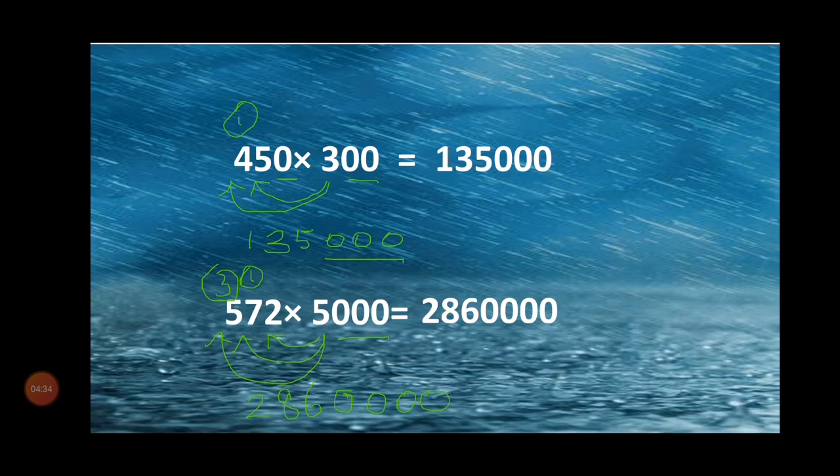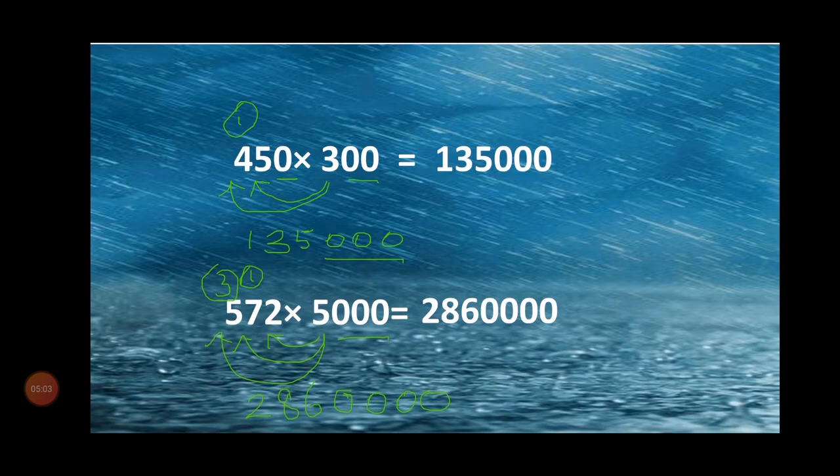572 into 5,000. Okay, the first number has no zero, but the second number has 3 zeros. So keep the 3 zeros separately. Now we are going to multiply by 5 and 2. 5 2s are how much? 10. So write 0. Then write 1 above the next number. 5 into 7, 35.